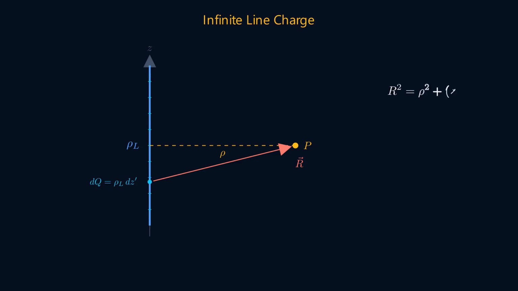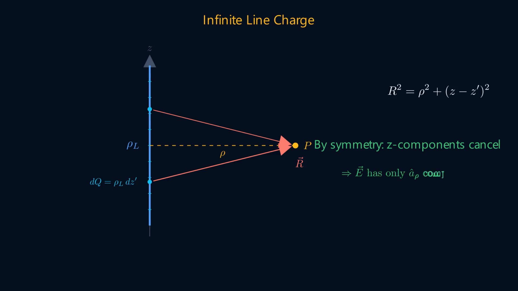This element carries charge dq equals ρL dz'. The vector R from this element to point P has two components, ρ in the radial direction and z minus z' in the z direction. So R squared equals ρ squared plus (z minus z') squared.